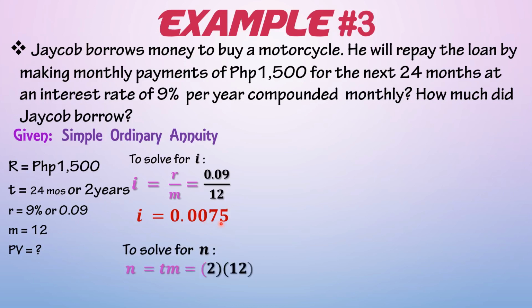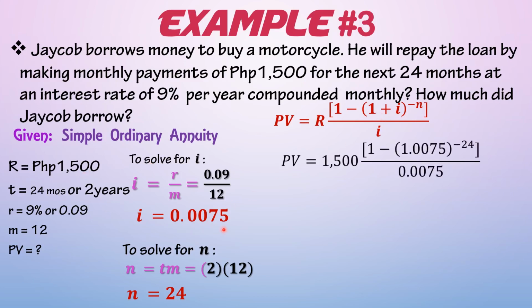And for N, let's multiply the time, which is 2 years times the conversion period 12, so you will have 24. And then substitute to the formula of present value. So again, R is 1,500, this is 1 plus I, so this will give us 1.0075, and your N is negative 24, divided by I.